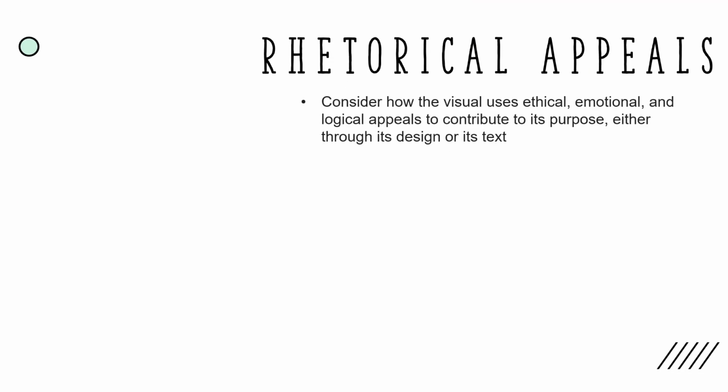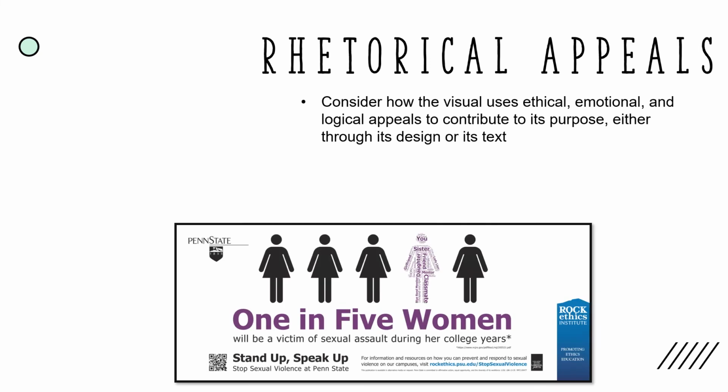Finally, consider how the visual uses ethical, emotional, and logical appeals to contribute to its purpose, either through its design or its text. A public service announcement that warns of the dangers of sexual assault appeals to ethics because it demonstrates that it has the audience's best interests in mind.